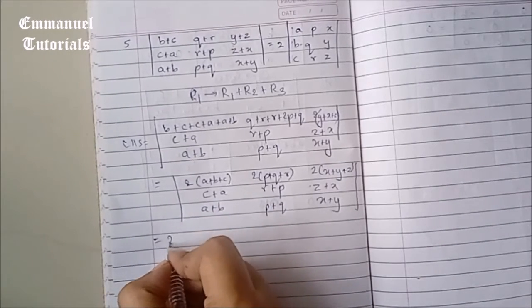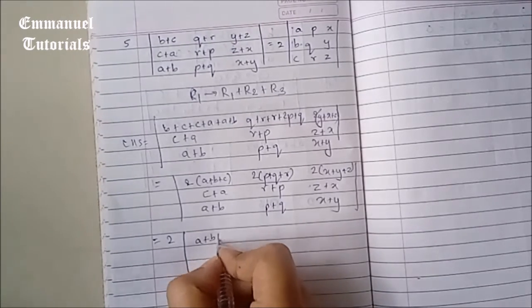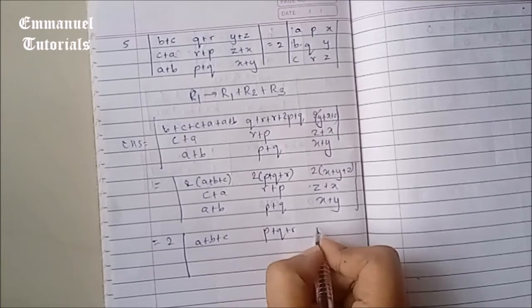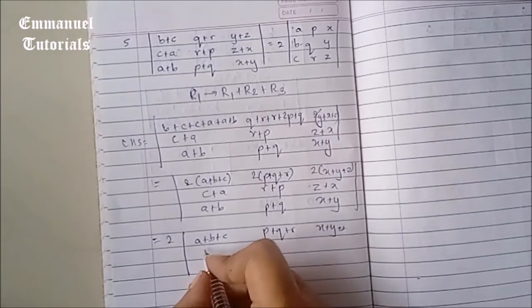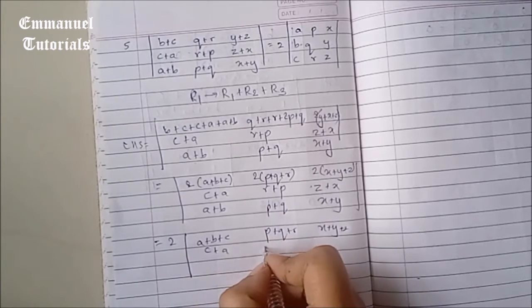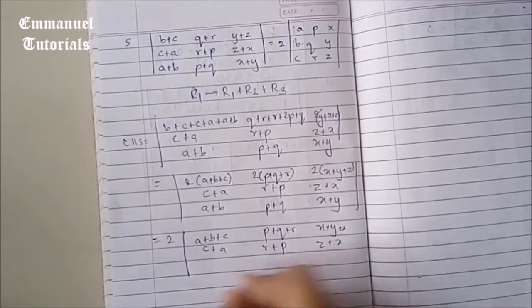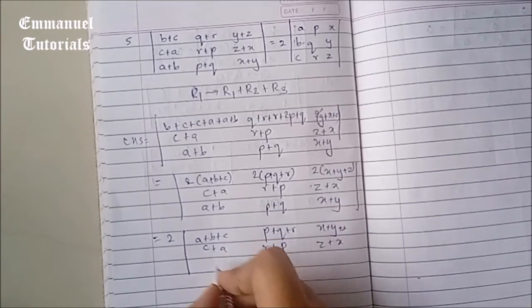Now we take 2 common. We get a plus b plus c, p plus q plus r, x plus y plus z. Now you have to think how we can bring it closer to the RHS further. We have already got the 2 in the RHS.